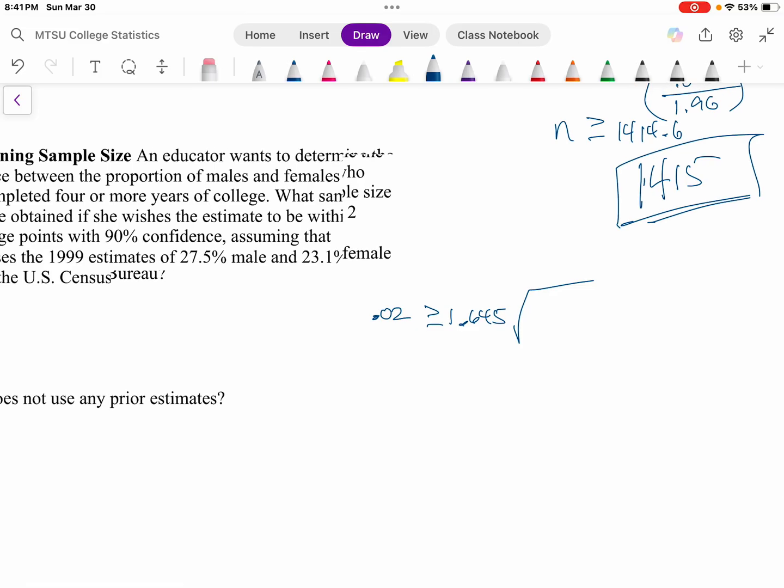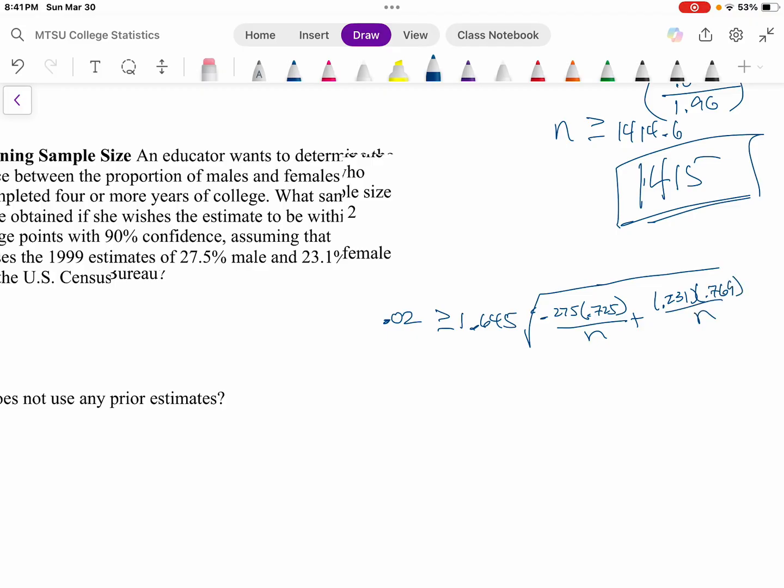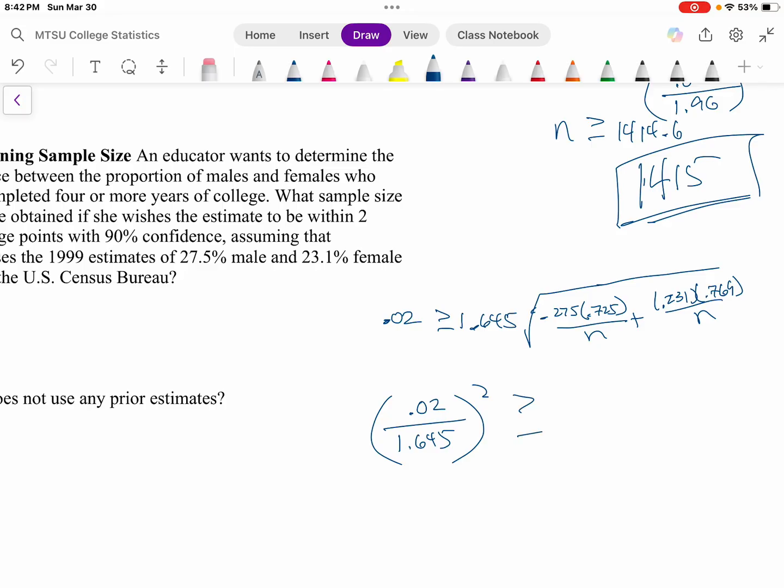So we're going to have 0.275 times 0.725 over n plus 0.231 times 0.769 over n. And then we're going to divide over the 1.645, so 0.02 over 1.645. We know we need to square it, because we got to get rid of the square root.